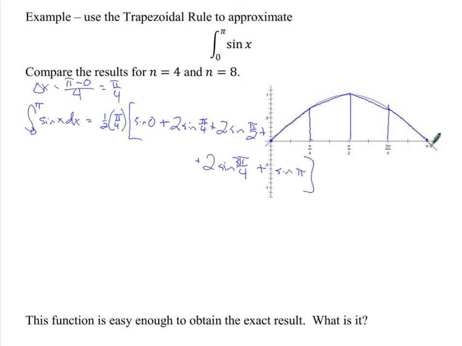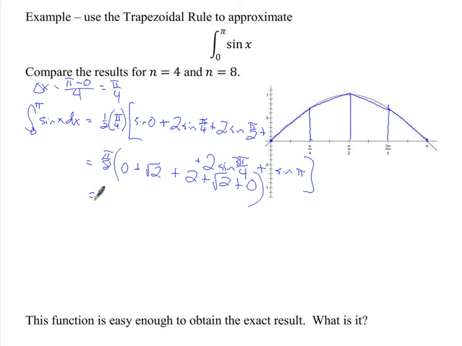So we have pi over 8 times sine 0, which is 0, plus 2 times sine pi over 4, which is root 2, plus 2 times sine of pi over 2, which is 1, so 2, plus 2 times root 2, plus 0.